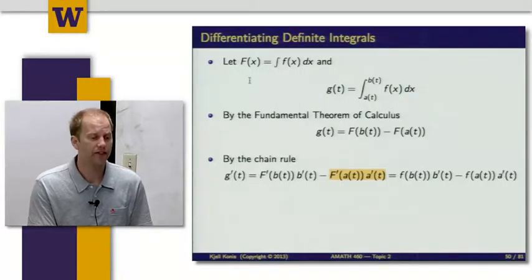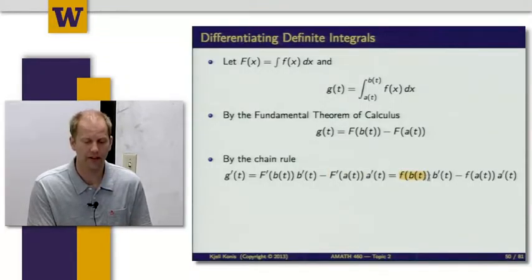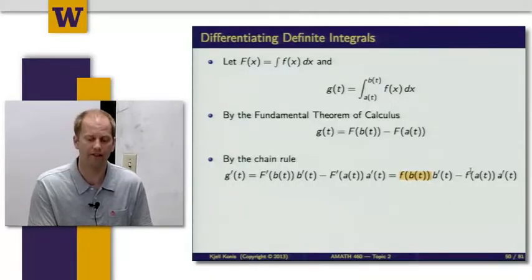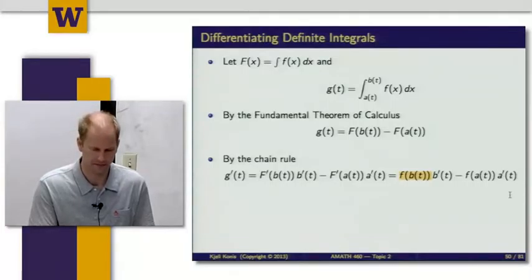By the way we've defined this capital F, I know its derivative is lowercase f. So the formula for differentiating a definite integral is f of b of t times b prime of t minus f of a of t times a prime of t.